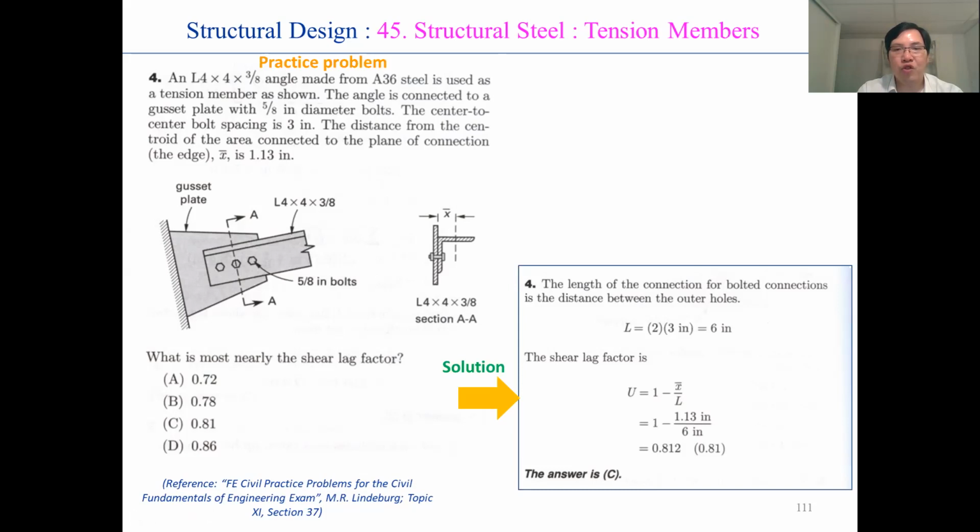So you can calculate the shear lag factor by this equation: U equals 1 minus x bar over L, so that you find U equal to 0.812. When you compare the final result with the different options in the beginning, you can find that the good answer is C.